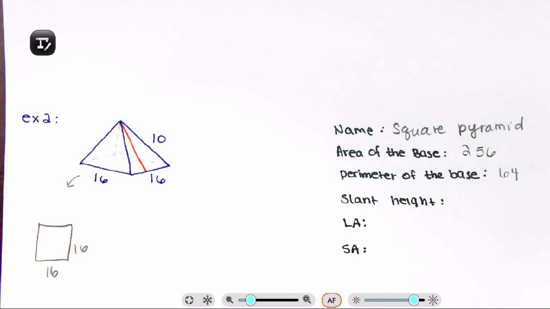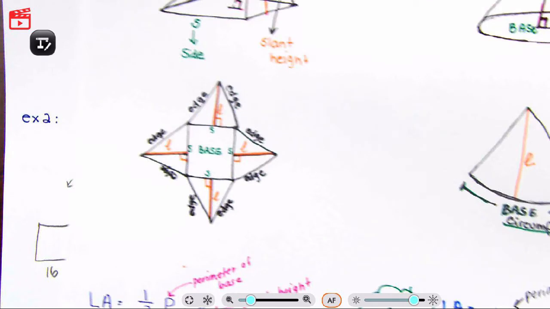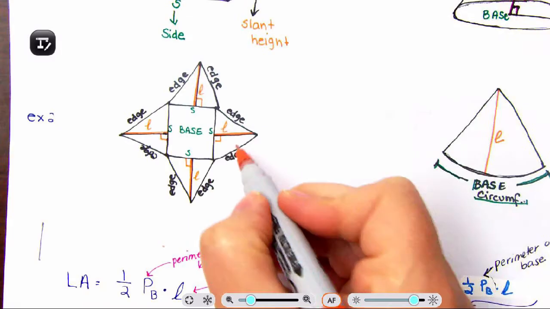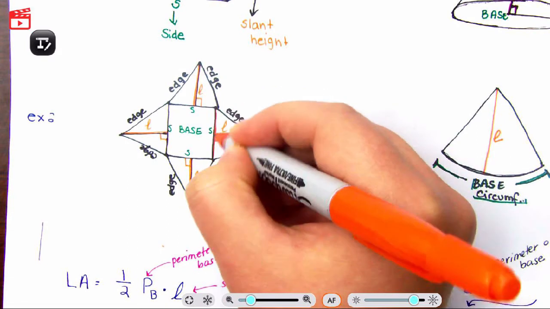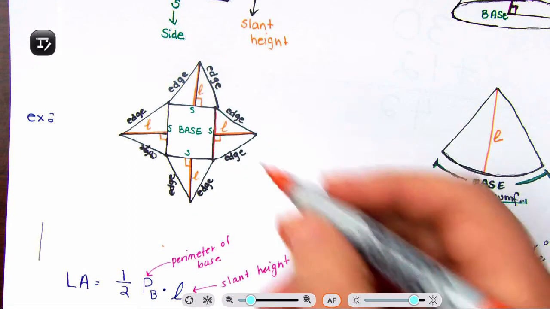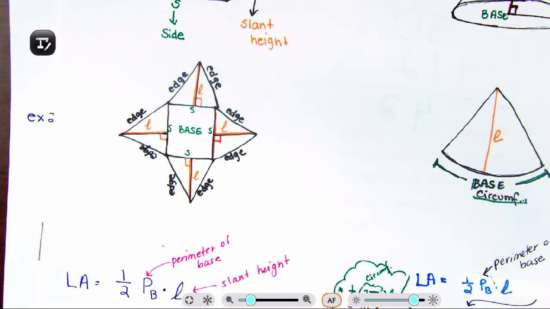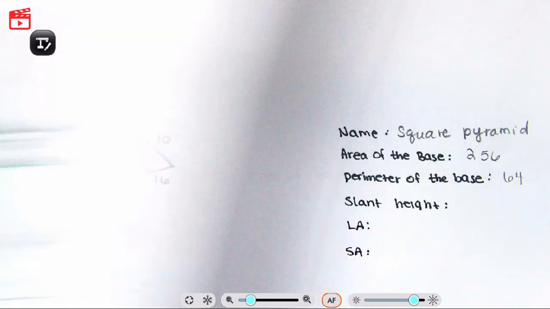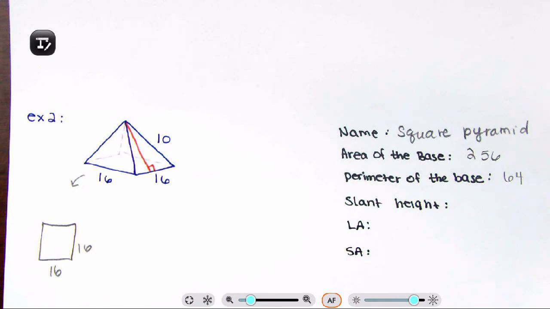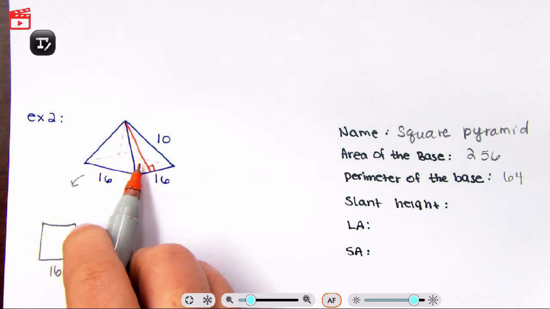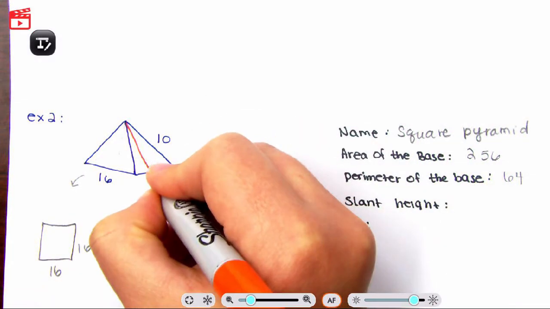One thing I didn't say out loud: your slant height meets the side of your base at a right angle. So this right here is a right angle. Unfortunately, that information is not provided to us, but we do know that it meets at the middle.